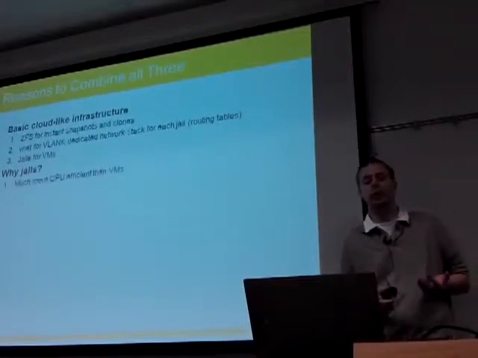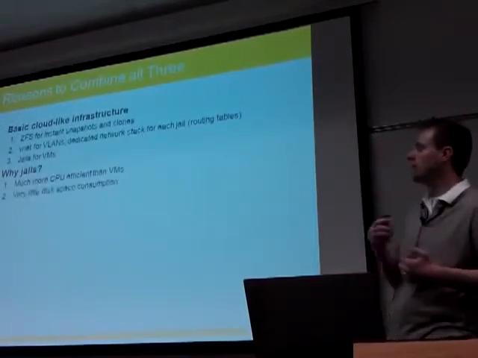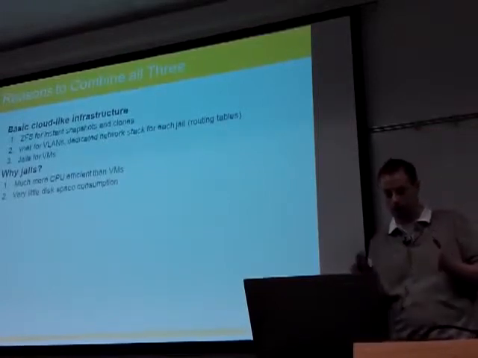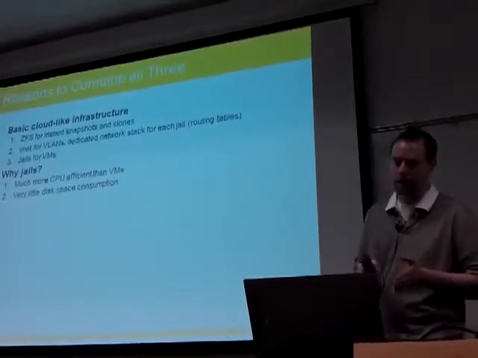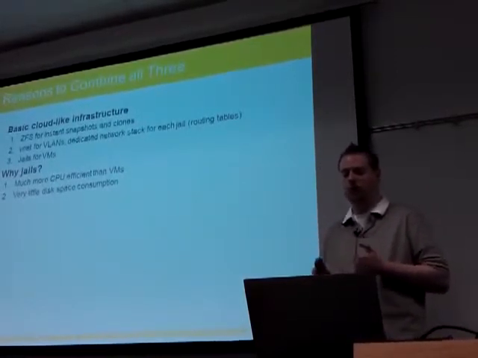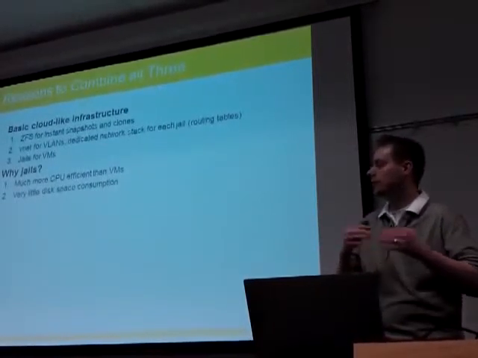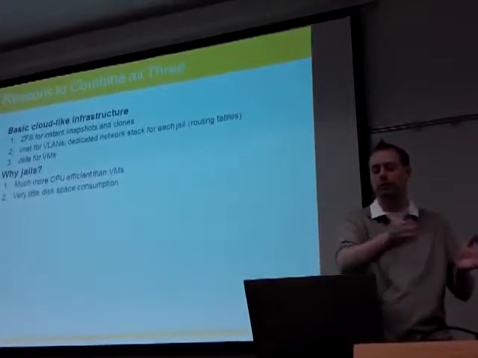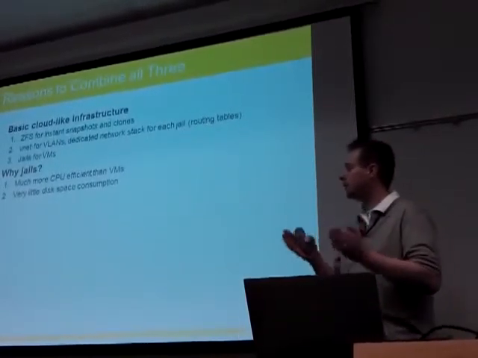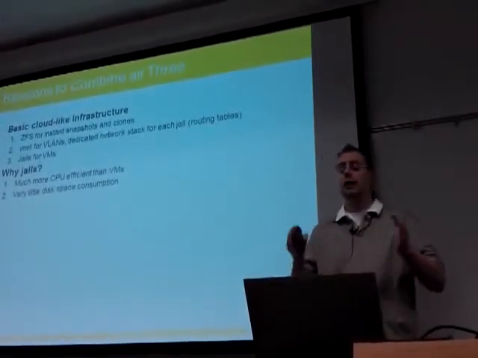Why jails? Well, jails are much more CPU efficient than VMs, and they use very little disk space. Like my development jails at work take up about, I don't know, 50 megs, whereas our development VMs for the rest of the developers inside of Citrix, we allocate a minimum of 4 gigs of disk space and 2 gigs of memory.